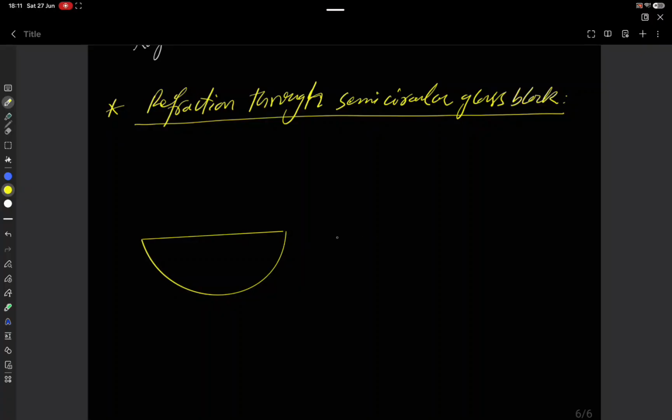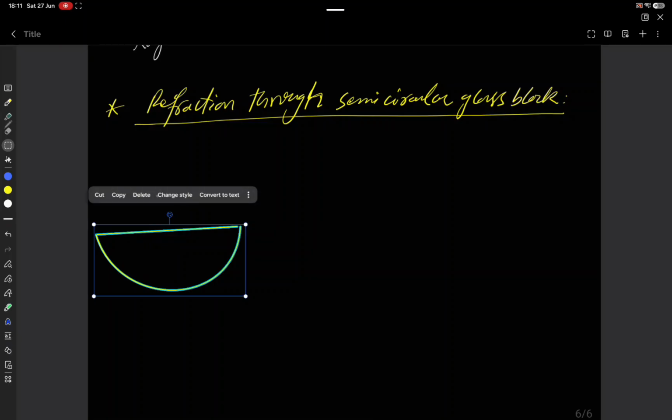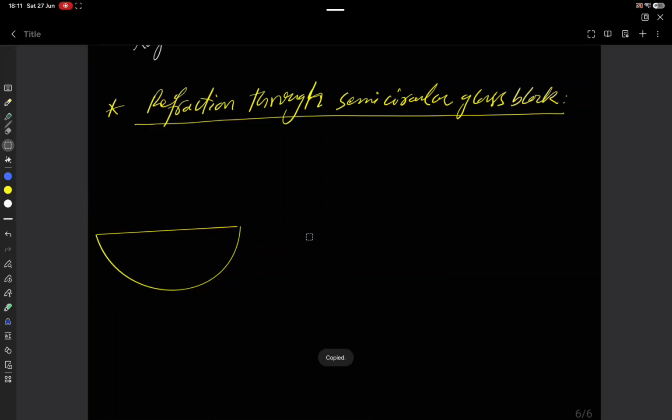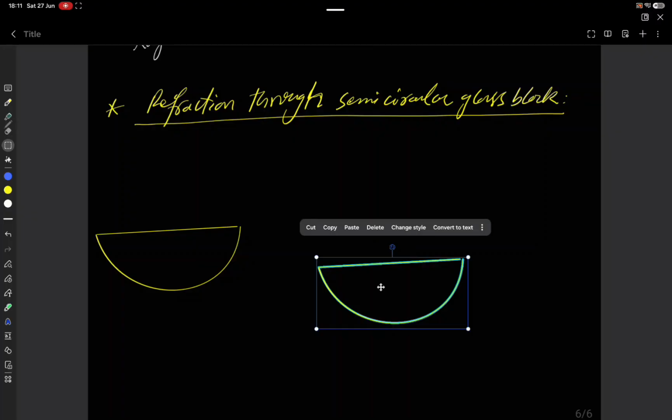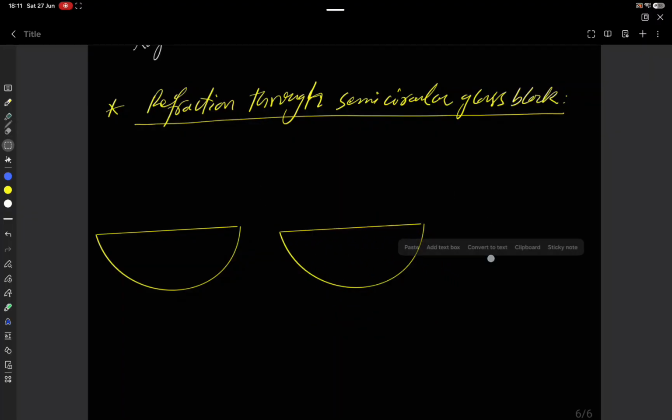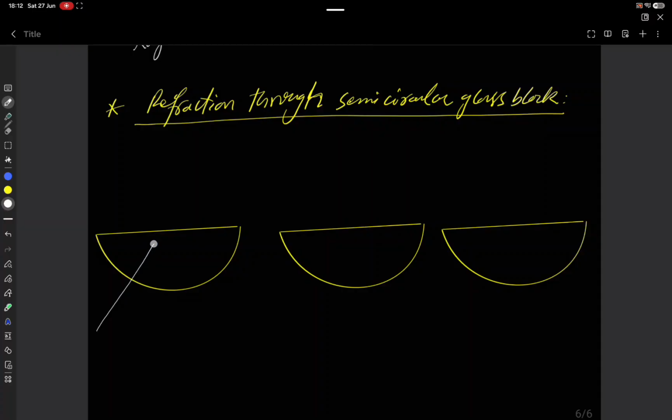So we have a semicircular glass block. This is my incident ray, it goes through perpendicularly, so that is why there is no bending.